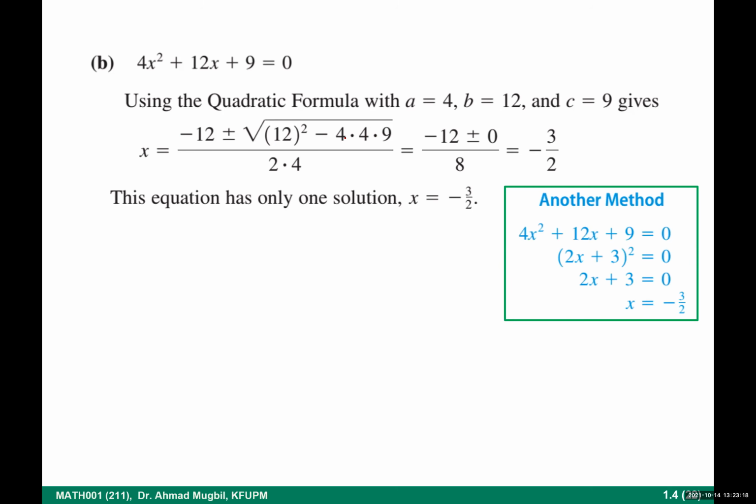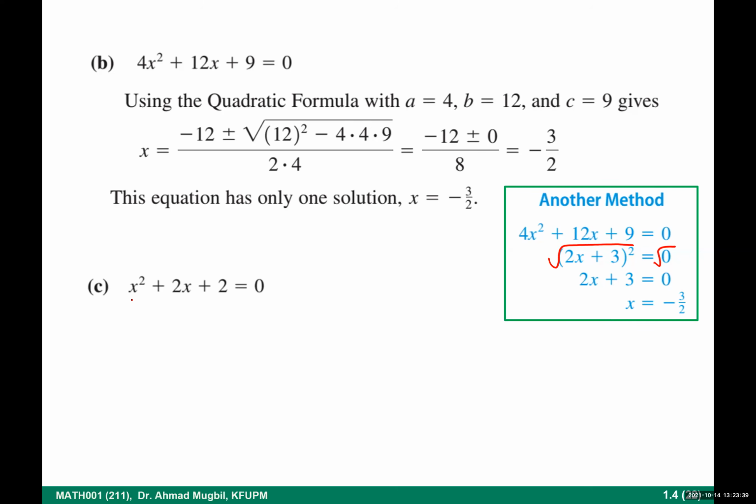It is a perfect square. So it is 2x plus 3 all squared. Take the square root of both sides. You will get 2x plus 3 equals positive or negative 0, which is 0. x equals negative 3 over 2. No calculations, no squares, no positive, no negative. So easy. So always try to factor.